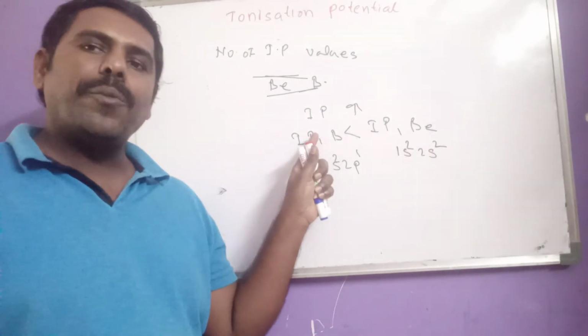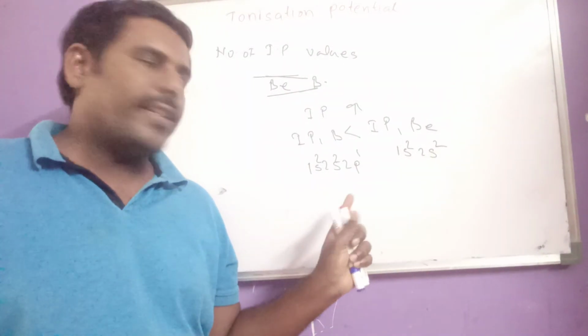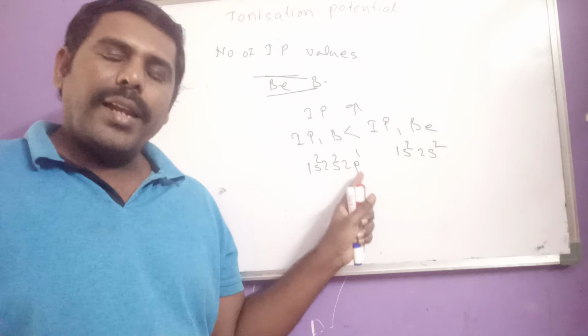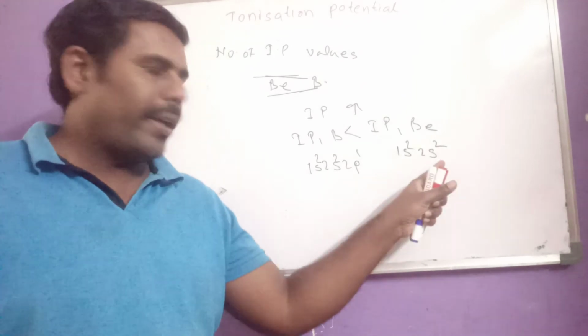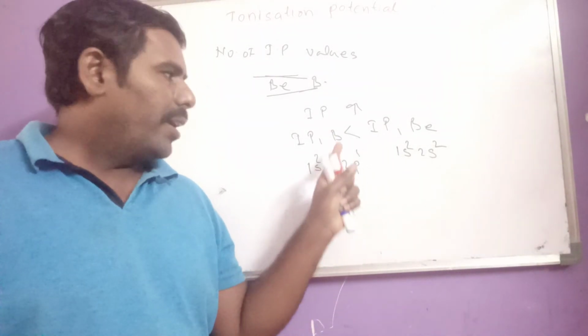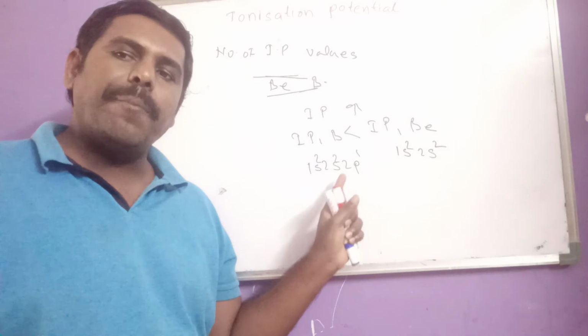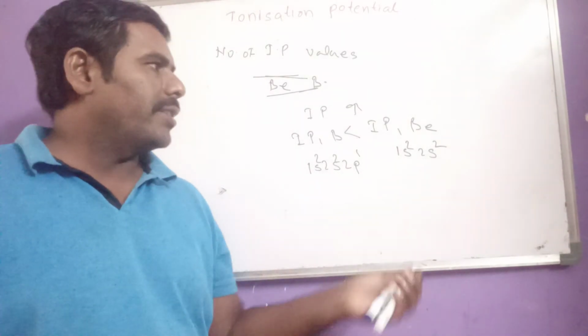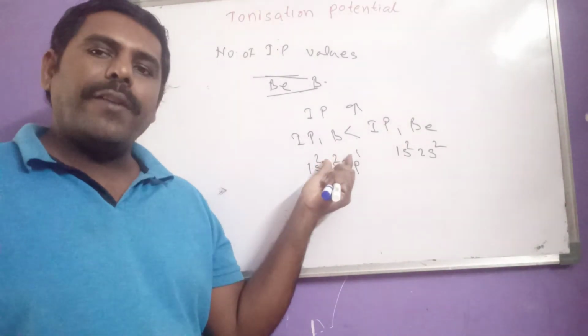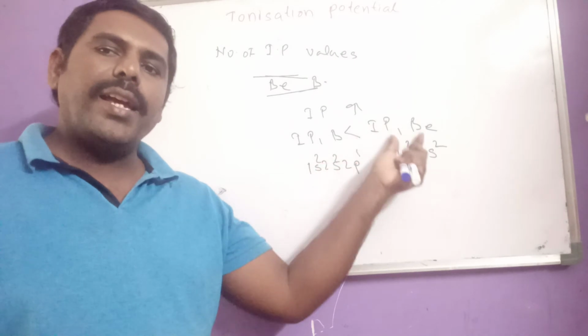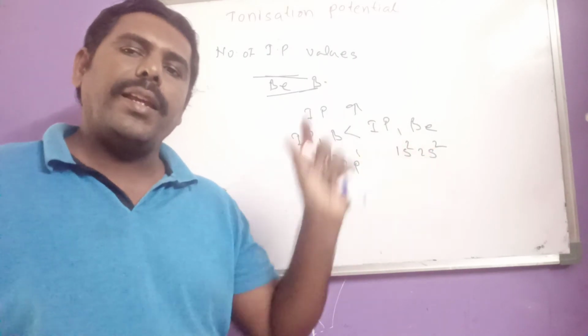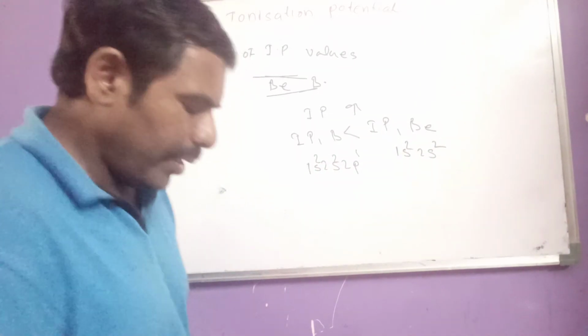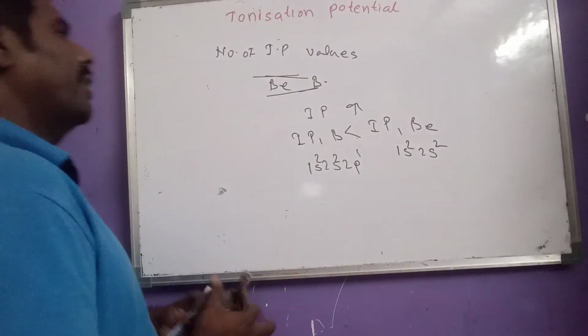But in boron, the electron is present in the p subshell, which has less penetrating power compared with the s subshell. So for this reason, boron IP value is less than that of beryllium.